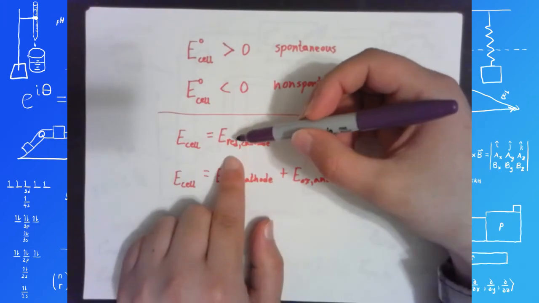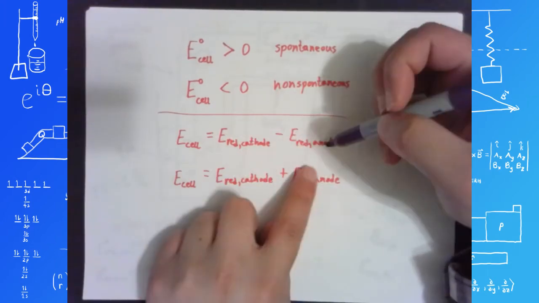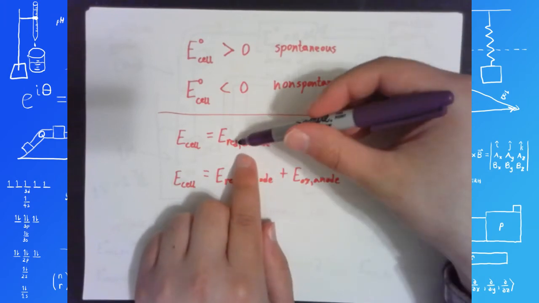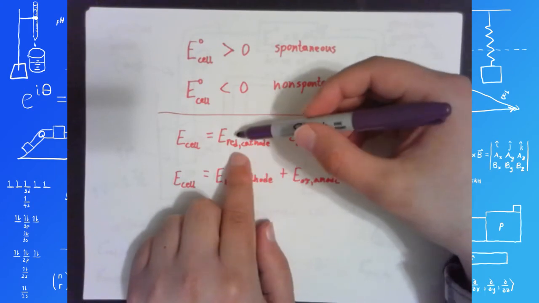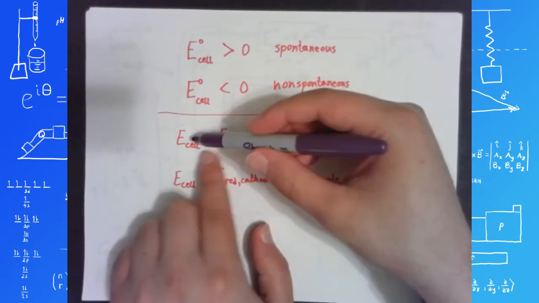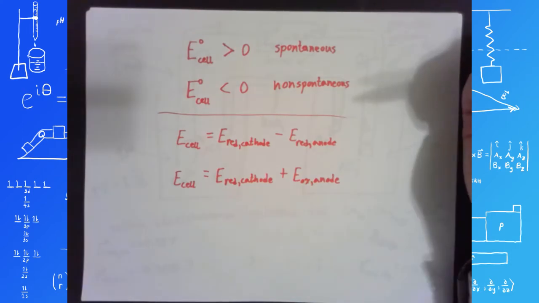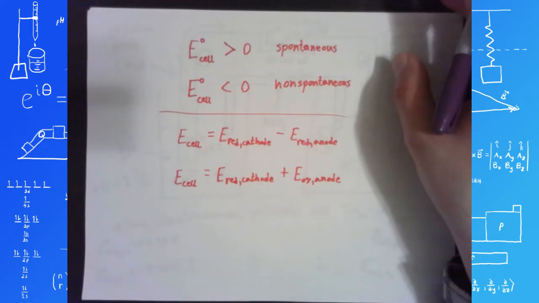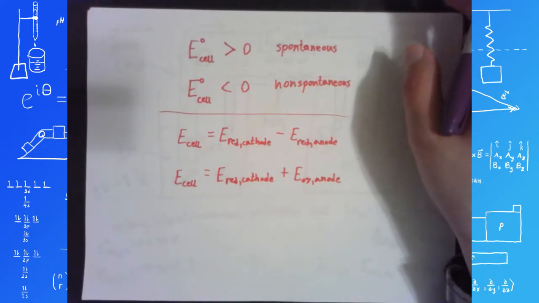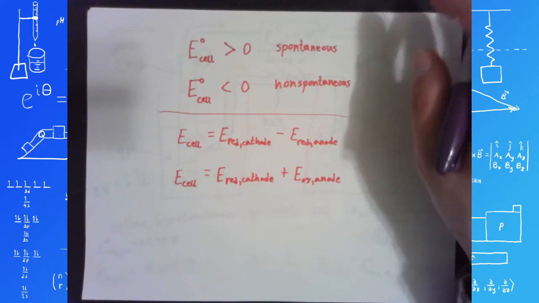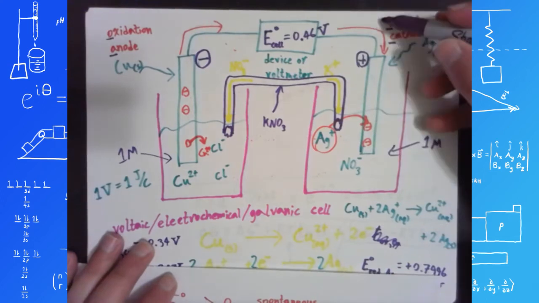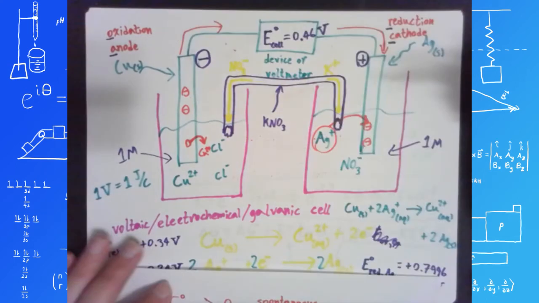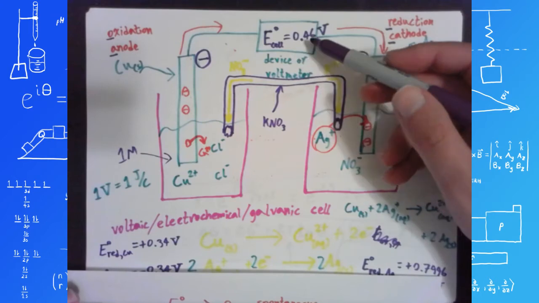But yeah, for a spontaneous process, whichever one has the higher reduction potential will become the cathode. So if you're subtracting reduction potentials, you'll always get the bigger one minus the smaller one gives you the cell potential. And of course, if you forcibly make it go the other way around, if you somehow force the flow of electrons to go up from here and then down this way, then you'll get a negative cell potential.